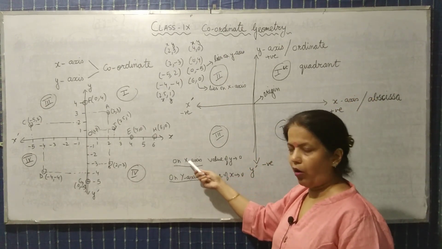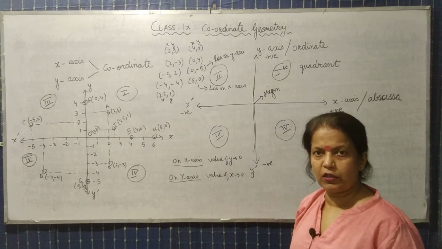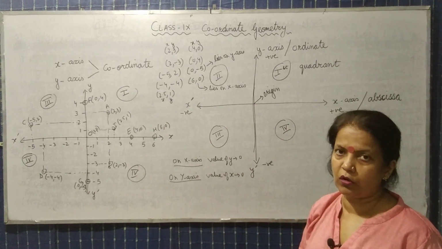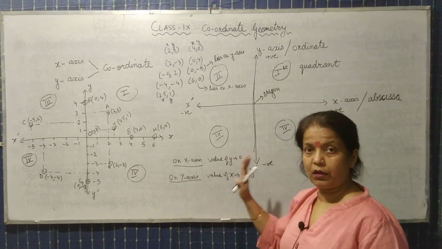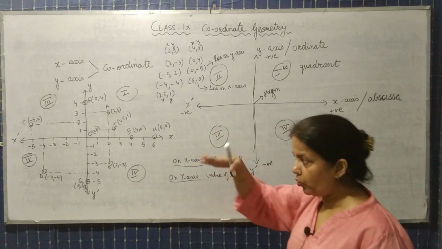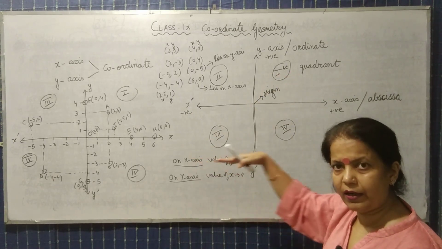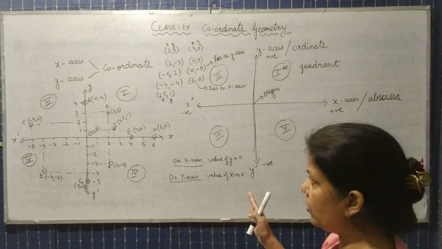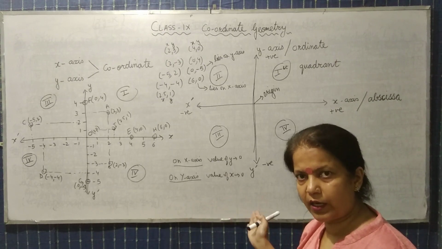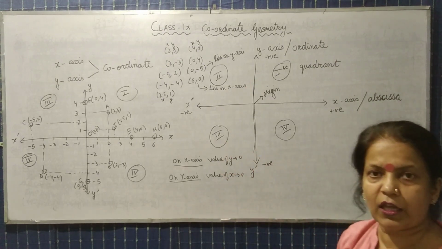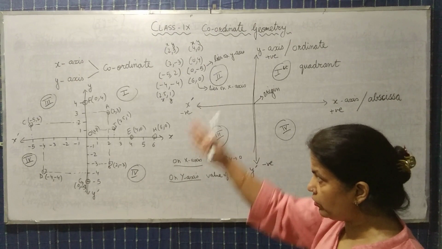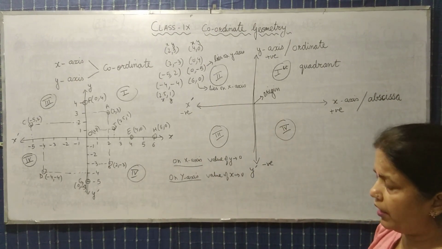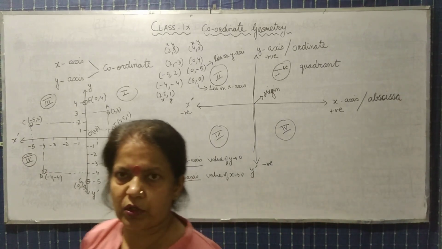And remember, on x-axis the value of y is always 0 and on y-axis the value of x is always 0, whether it is negative or positive. x-axis पे y वैल्यू 0 होगी on both the sides and on y-axis x value will always be 0 on both sides.